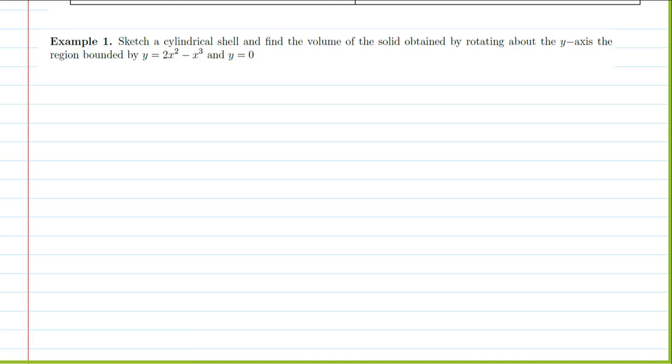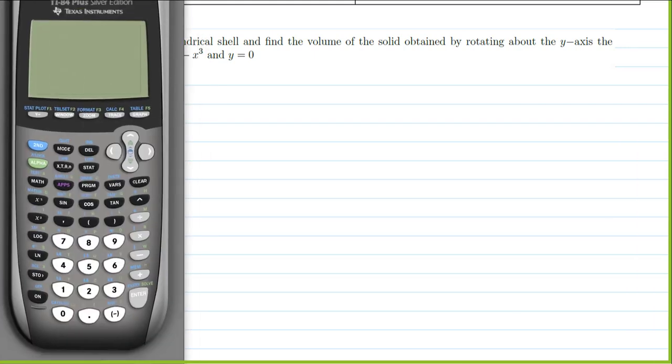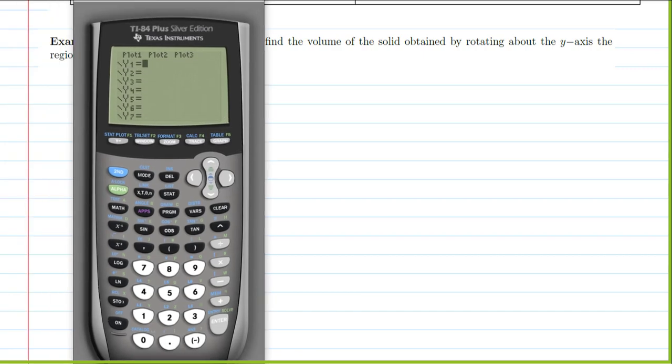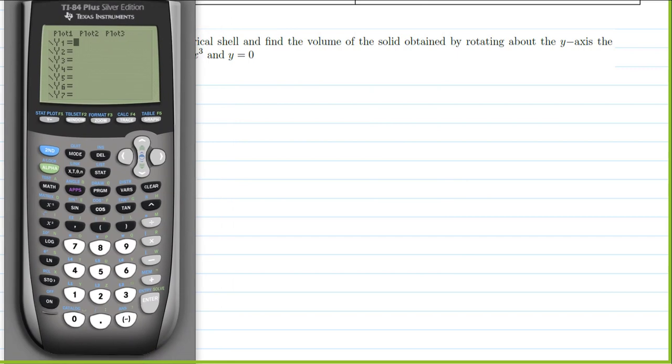All right. So let's start by drawing a picture of our curve. So we have 2x squared minus x cubed.